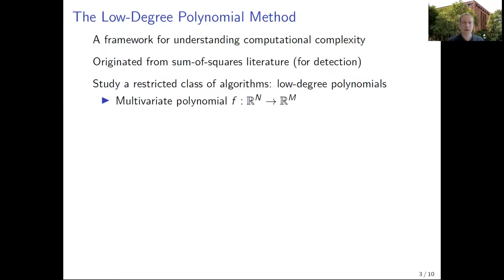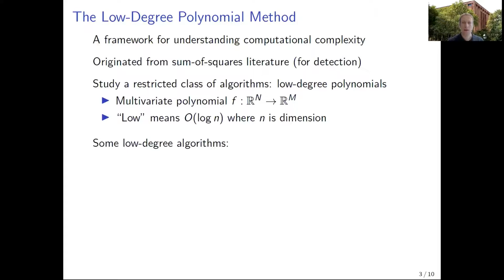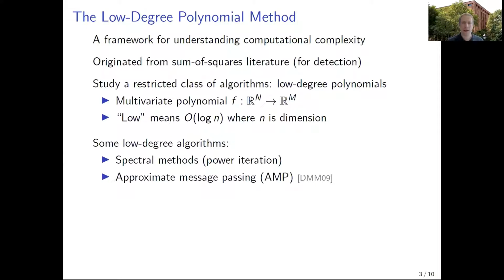Here I mean a multivariate polynomial that takes in the entire observed data as input and outputs a solution to the problem, which could either be a scalar or vector depending on context. When I say low degree, it means logarithmic in the dimension. It turns out many of the best algorithms can be represented as low degree polynomials. This includes spectral methods and AMP-style algorithms.